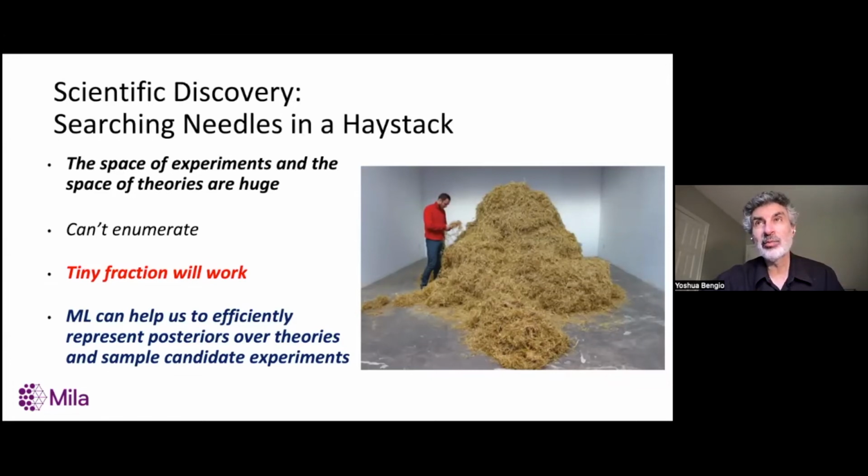And not just by enumerating in a computer, because even that can't be done, but using generative models or reinforcement learning to propose things. It turns out that the same kinds of tools that can allow us to search in the space of experiments can allow us to search also in the space of theories, right?